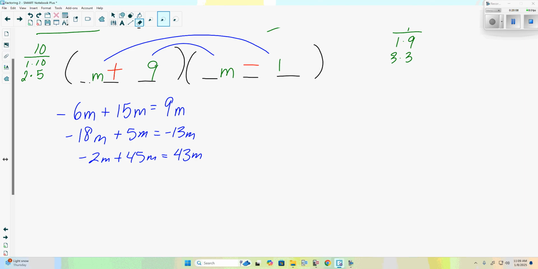Where do you all want to put the 10? Second. And part of the reason we're putting it second is because here we'll have 10 times m times negative 1, giving us negative m. But then we have 9 times 10m, which is going to be plus 90m, and negative m plus 90m is 89m.